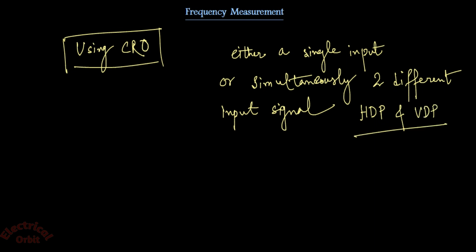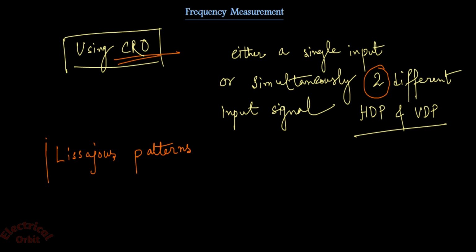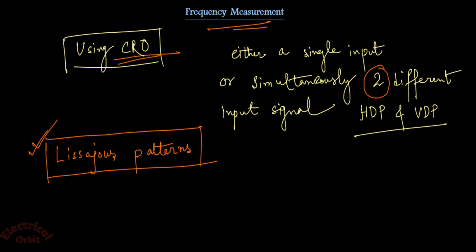So when we apply two different signals to a CRO, it forms a pattern, and this pattern is called Lissajous patterns. When we are talking about frequency measurement, this Lissajous pattern is very important and effective to do so.